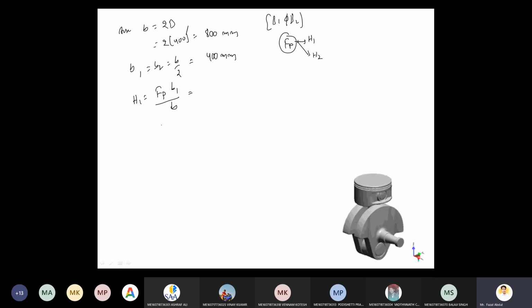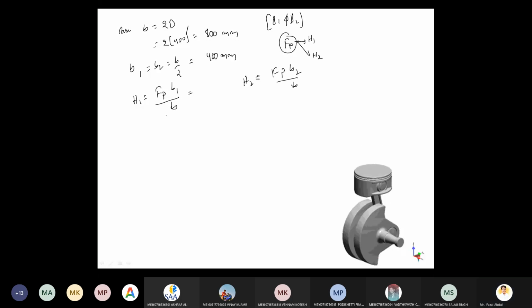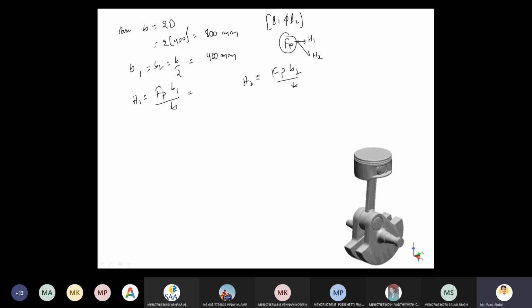H2, it means due to the gas force there will be two horizontal reactions, Fp into b2 by b. I said one thing, Babu: it is not required to derive the design procedure. Only the equations that I'm making rectangular boxes around are important, so that is the reason I'm writing here.